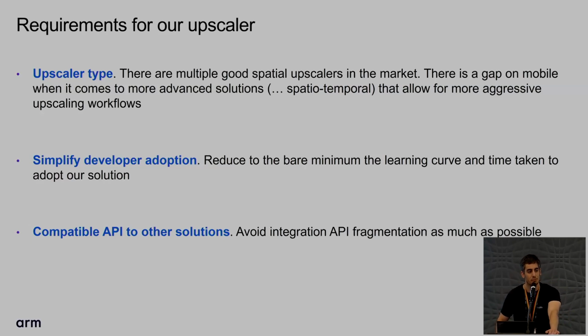Also, it turns out temporal solutions are quite complicated in terms of how many stages you have. You have a lot of intermediate resources, history buffers, feedback loops of all kinds, so it could be pretty complicated for developers to integrate that tightly in the engines. So I wanted a delivery mechanism that abstracted developers from all of that.